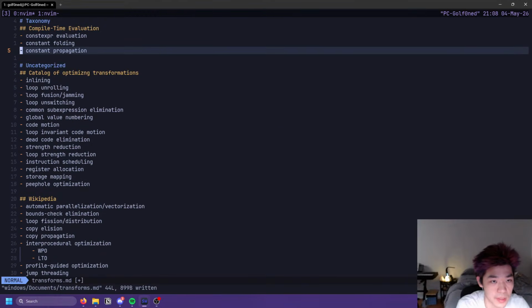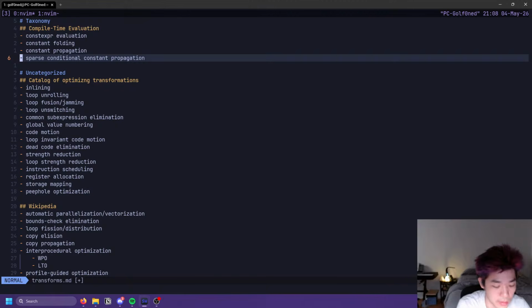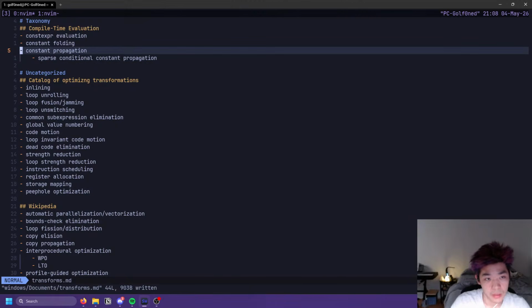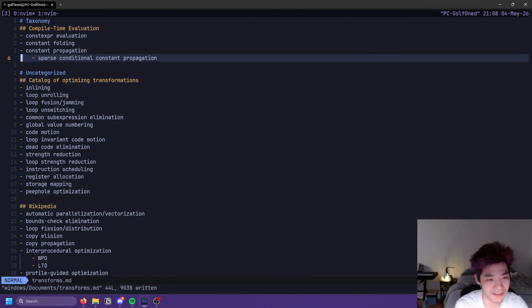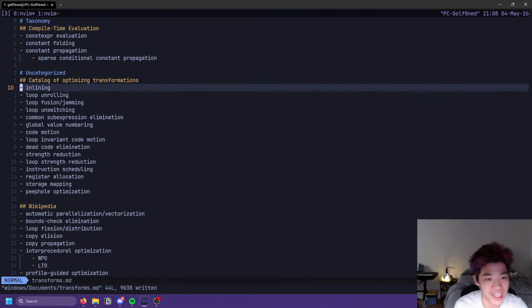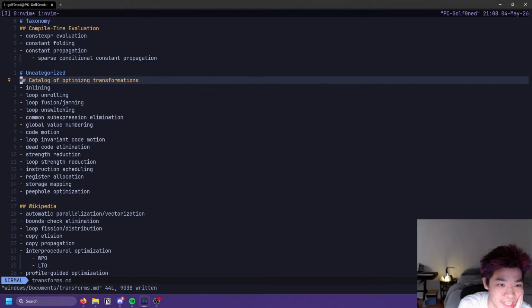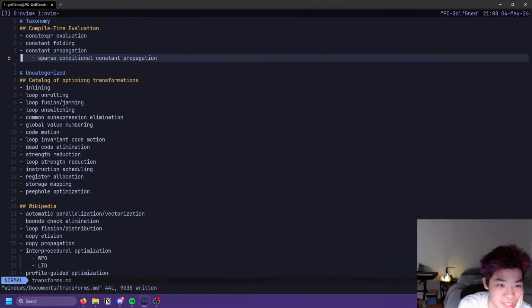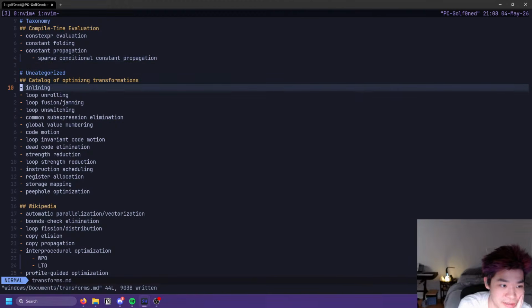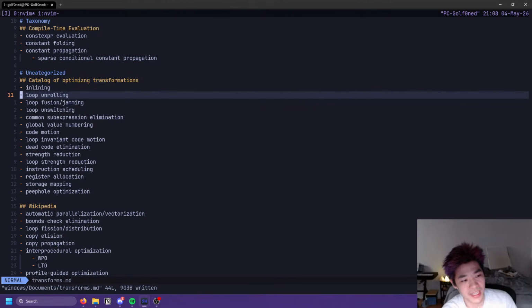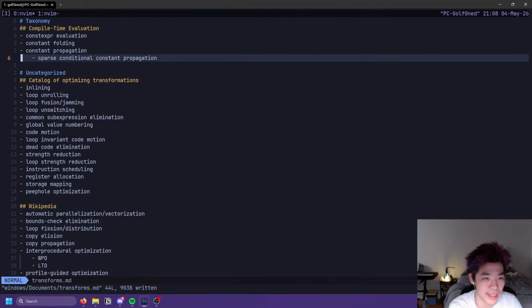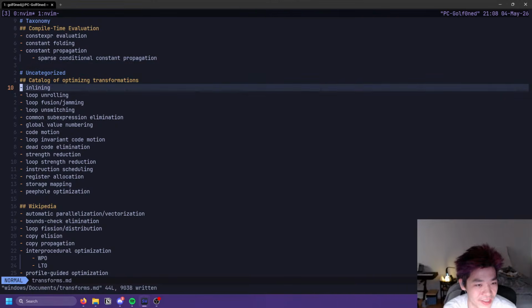And this also goes under here, I think. This is getting rough. I kind of want to split up the loop pile actually, because it's very interesting.